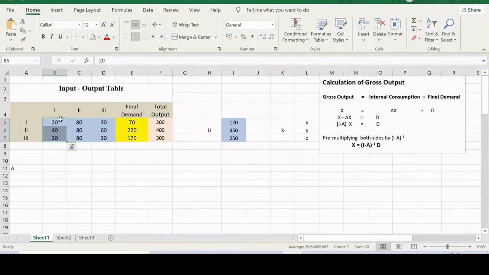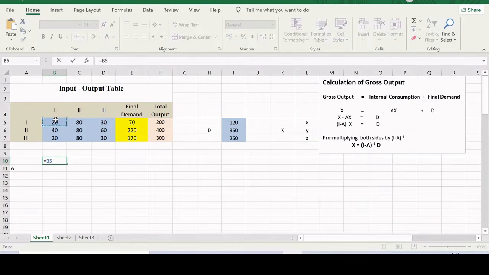So when these are divided by the total output of sector 1, we will get the input to output ratio. So 20, that is the input requirement of sector 1 from its own output, divided by the total output produced by that sector.